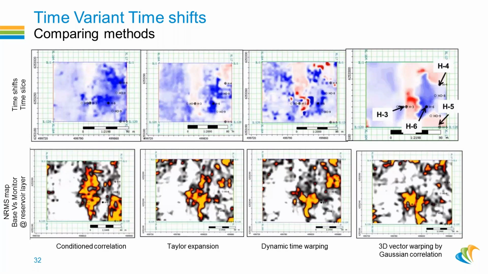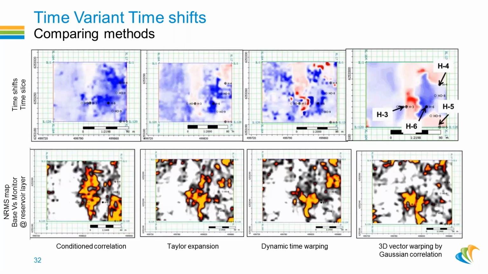So we need to test this for our reservoir and our field to see which one suits us better. The bottom is the amplitude variations, which is a normalized root mean square map between the base and monitor at the reservoir layer. So you see that again, maybe this one is showing better correlation with the production. So we need to check this with the production at our field.